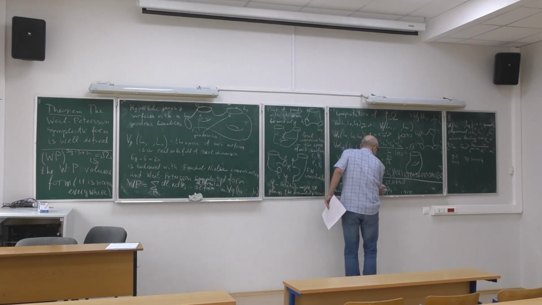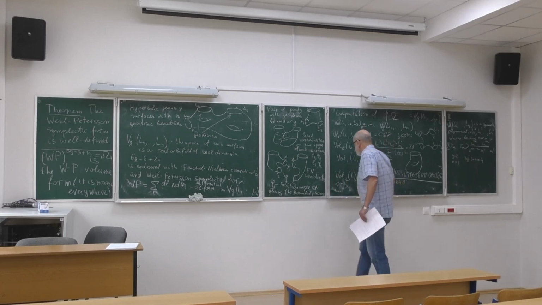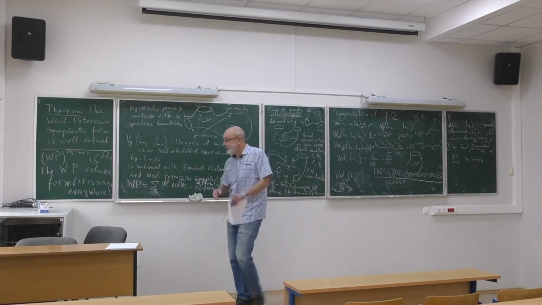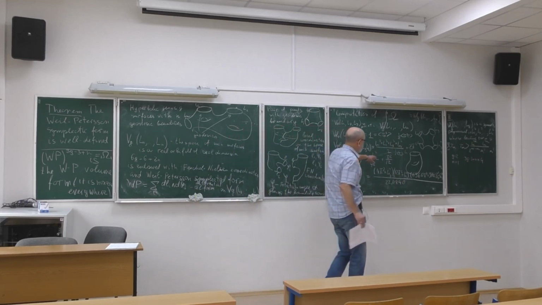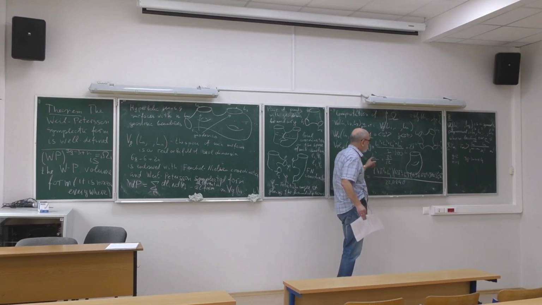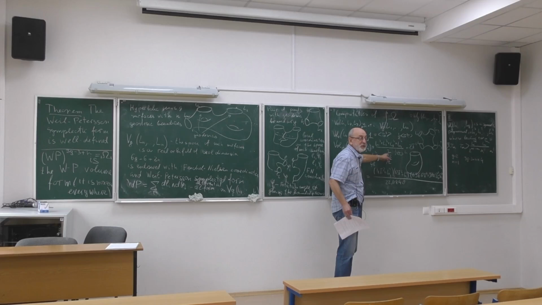But in all the cases we have just a polynomial. We also see in addition that this polynomial is not only polynomial in Li squared, but also a polynomial in pi squared.